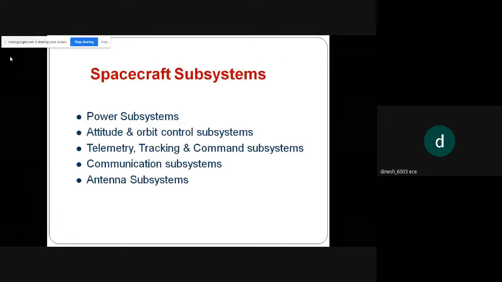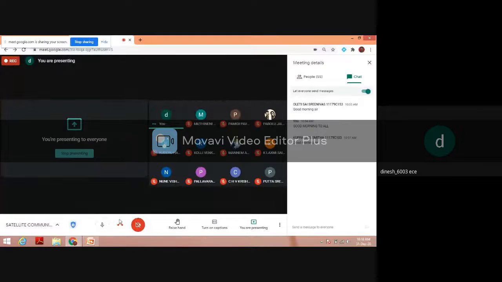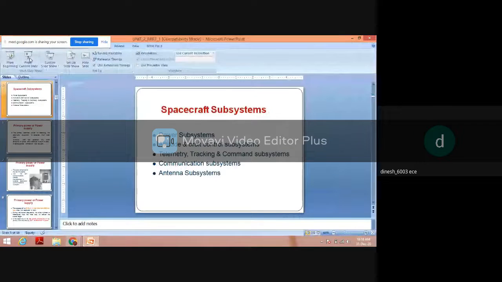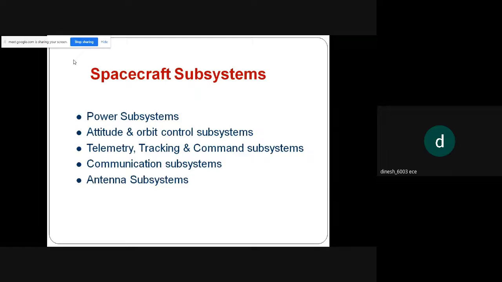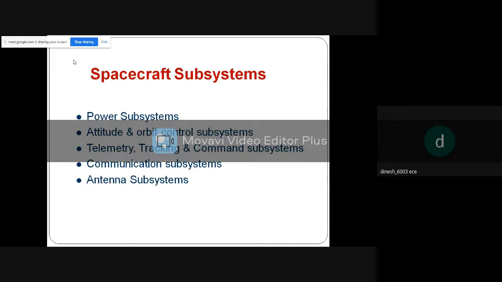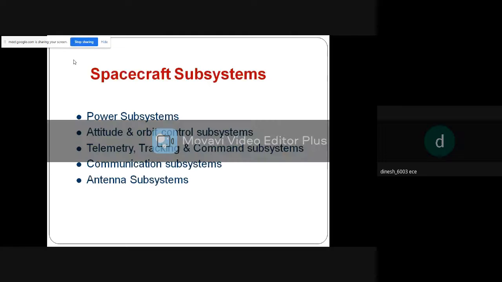So the spacecraft subsystem is a part of your space segment having power subsystems, which has the life period of the satellites depending upon the power available.